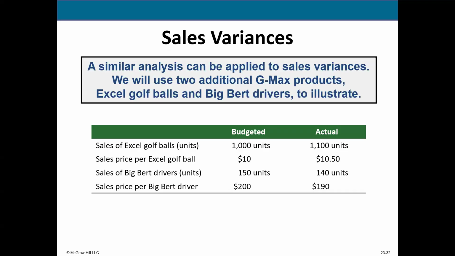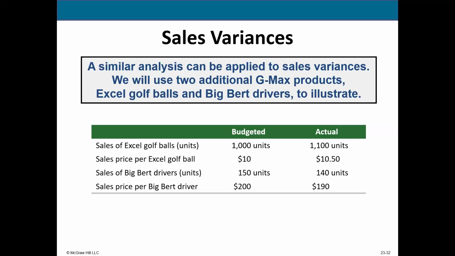Here we have the budgeted amount and the actual performance. We can see that we sold 100 more golf balls than we had planned on, at a higher price point, 50 cents higher than what we had planned on.